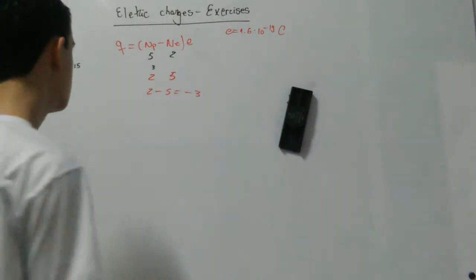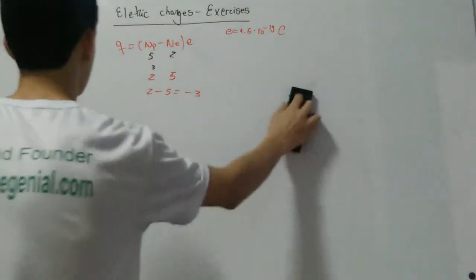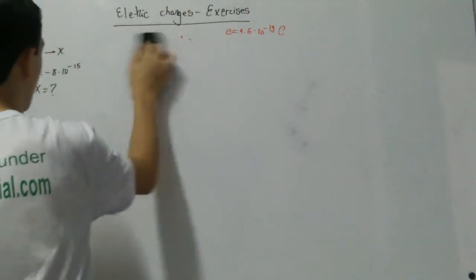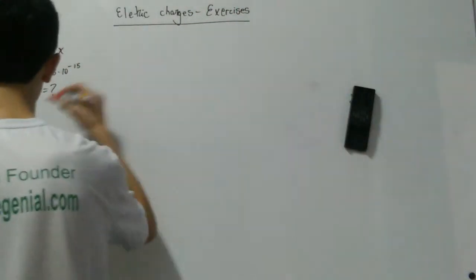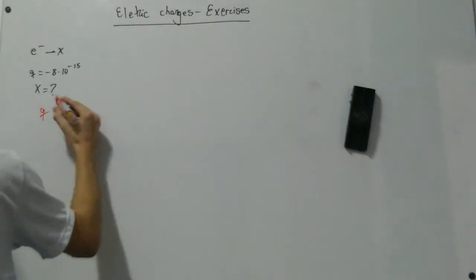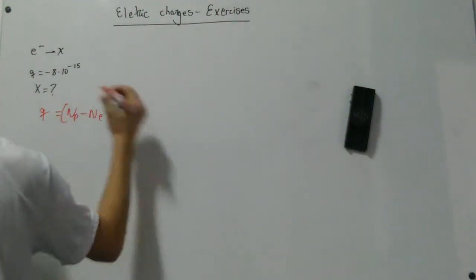So it's simple. It's simpler than doing it another way. So this is what I wanted to explain briefly in this video, and let me write it again. The charge is the number of protons minus the number of electrons, multiplied by E.